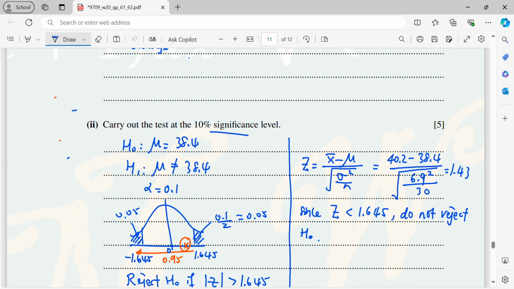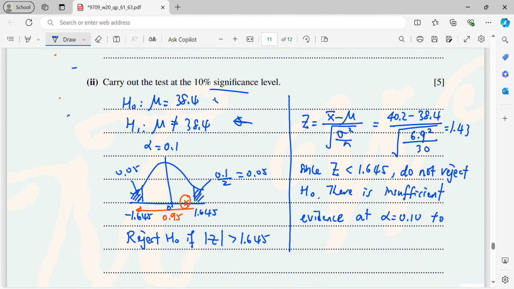Then if we do not reject H naught, it means there is insufficient evidence at 10% significance level, so at alpha equals 0.10, to conclude that the mean time has changed.